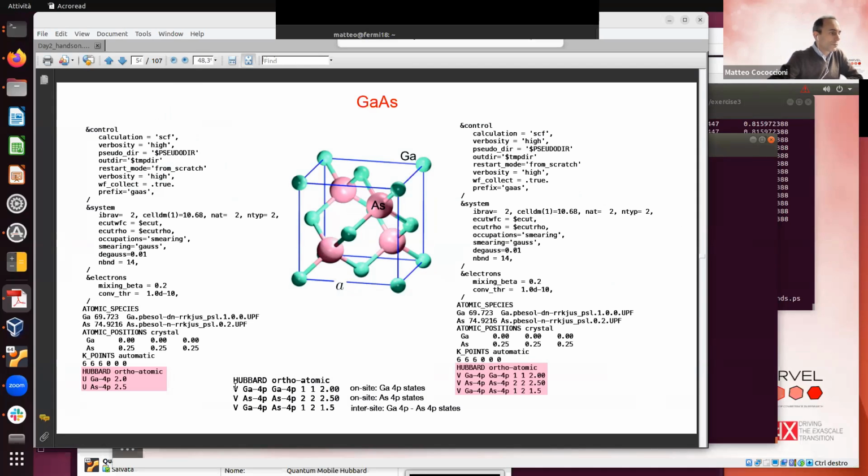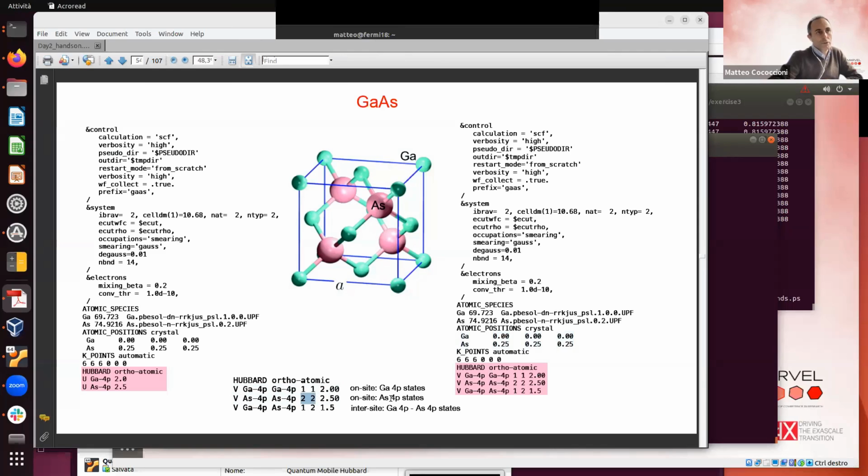And so you have to enter an on-site V, which is a U again, for the gallium 4p states, which is the first one, and an on-site V for the 4p states of the arsenic atom, the second one in the list of atoms here, so I have to put 2 and 2 here.